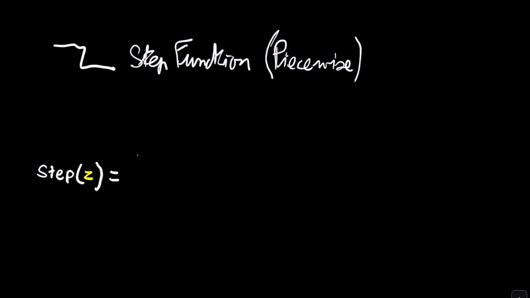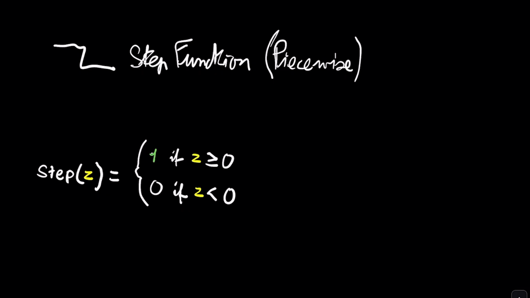Based on that number, the function can give us two possible answers, either 1 or 0. Very simple. If the score, or whatever input we put into the step function, is greater than or equal to 0, then it's going to give us 1.